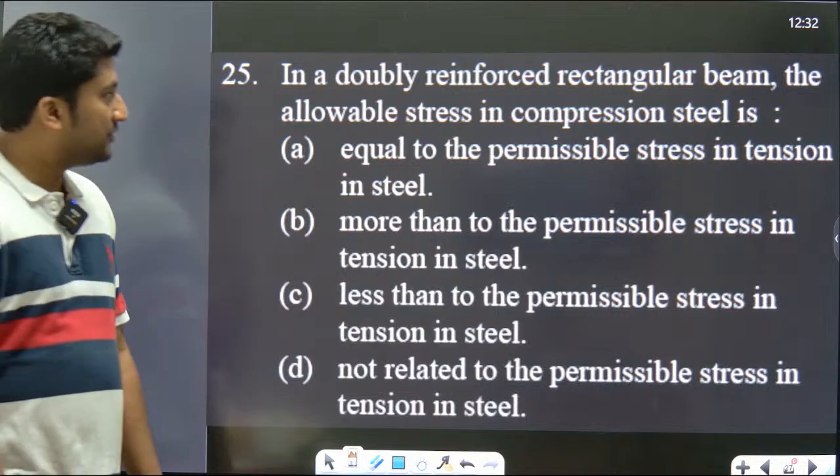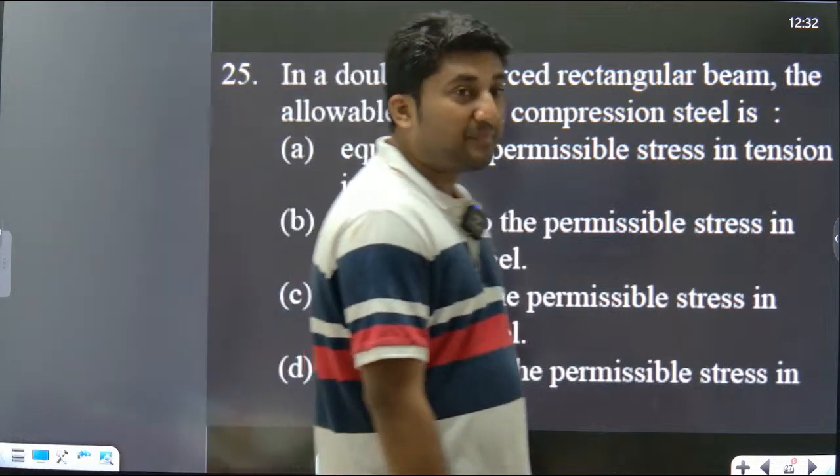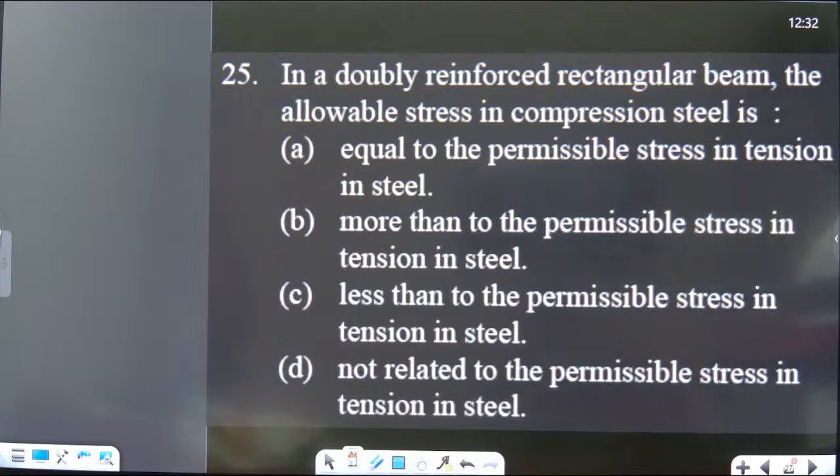In a doubly reinforced rectangular beam, the allowable stress in compression steel. What are the values for compression steel? You take any of the values, Fe250, Fe415, then answer me what is the permissible stress in compression steel and in tensile steel.